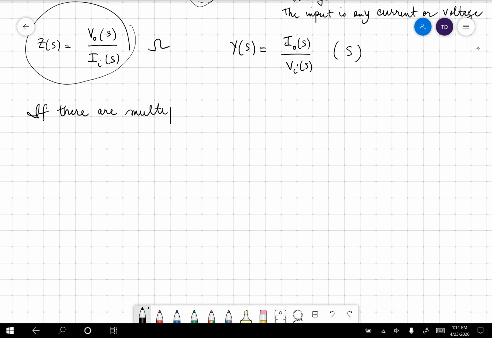multiple independent sources, always independent, the dependent sources are part of the circuit. They are circuit elements.